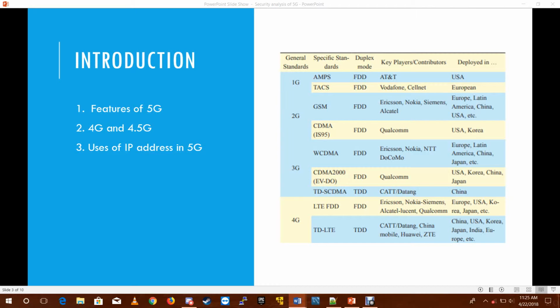There are various standards and duplex modes like FDD and TDD, and various contributors like AT&T, Vodafone, Qualcomm, etc. have a huge role in developing this generation of cellular network, and they are deployed in various regions till date.